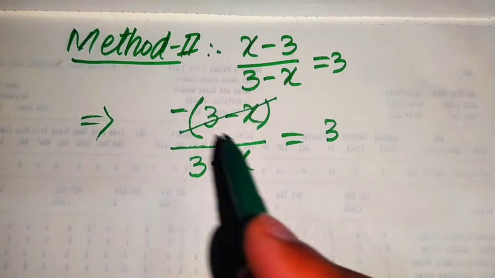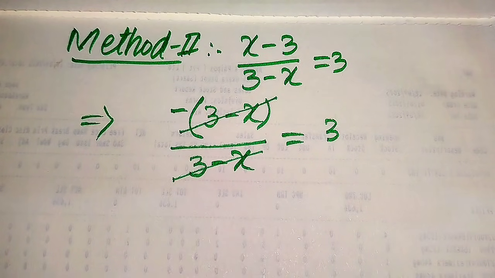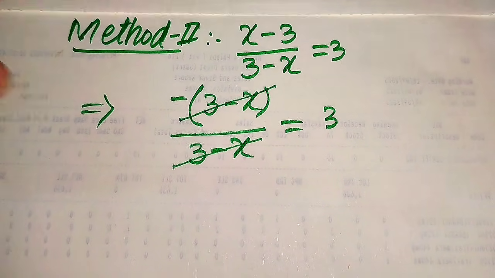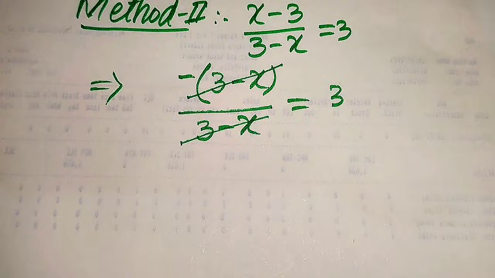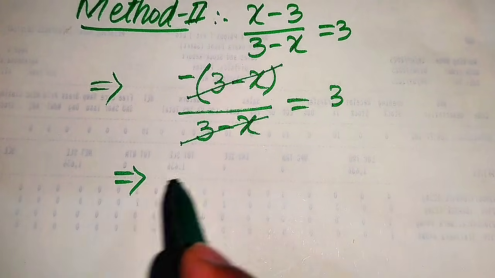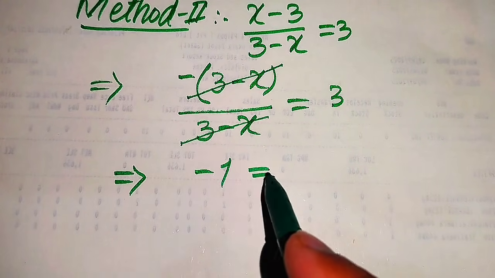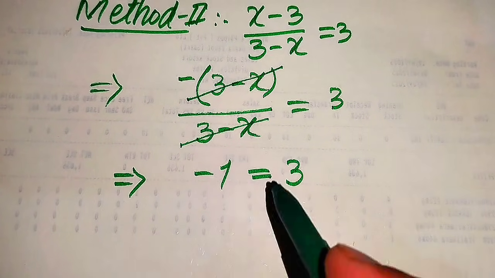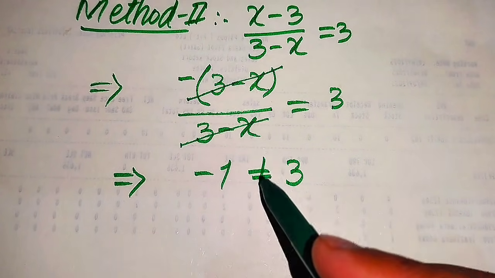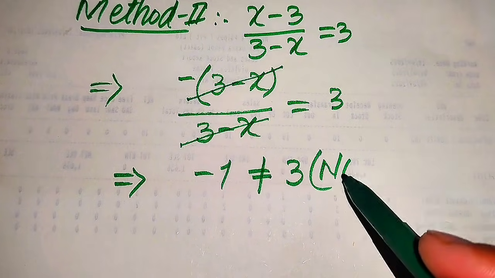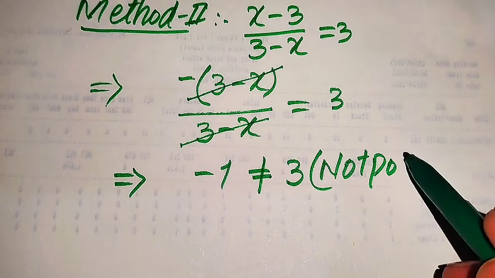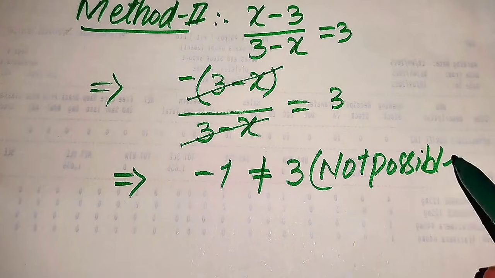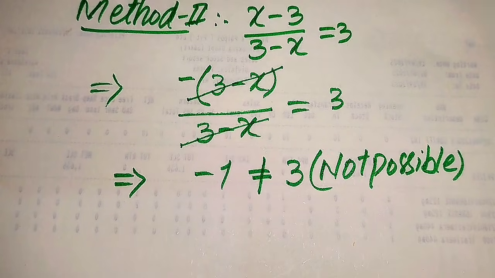This 3 minus x cancels out with this 3 minus x, and after cancellation we get minus 1 on the left hand side equals 3. Here you clearly see that minus 1 is not equal to 3, or in other words it is not a possible case. It is not possible that minus 1 equals 3.